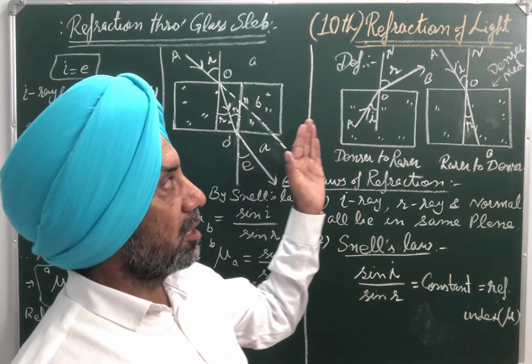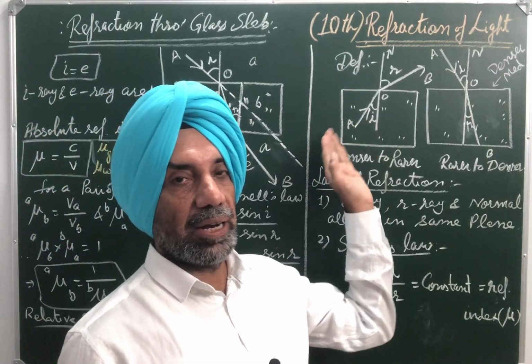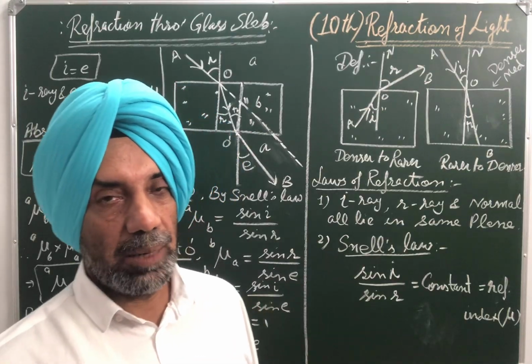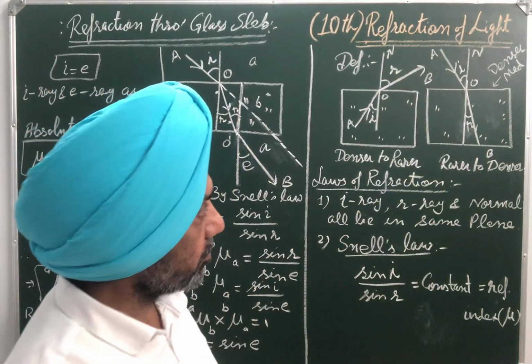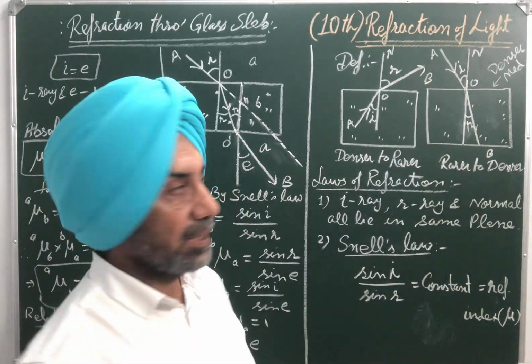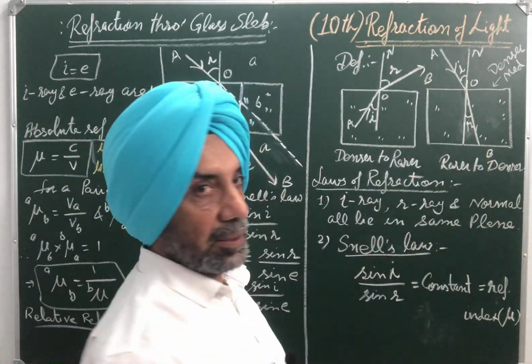In other words, the path or direction of a ray of light changes when it enters from one medium to another medium. So when it enters from a rare to a denser medium, it bends toward the normal.